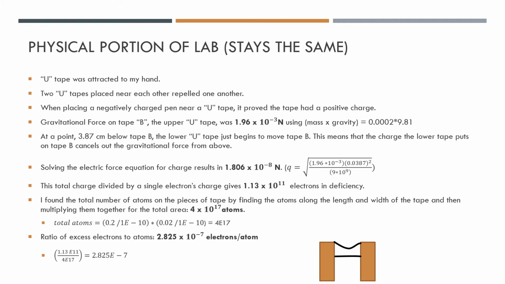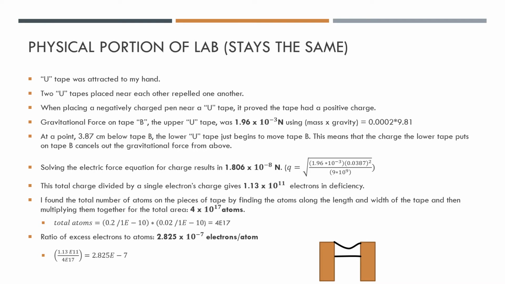Then as you work out the calculations, you find that the gravitational force on the upper tape was 1.96 times 10 to the negative 3 newtons, which is just mass times gravity. At a point found 3.87 centimeters below this tape, the lower U-tape begins to push the top tape up, meaning that at this point the gravitational force and the electric force should cancel out.